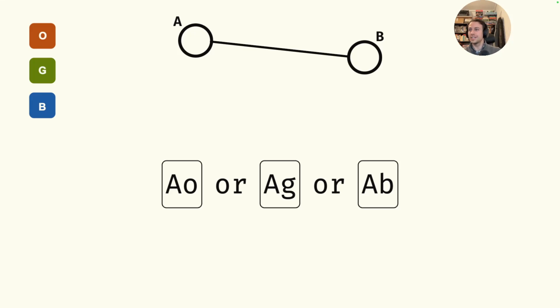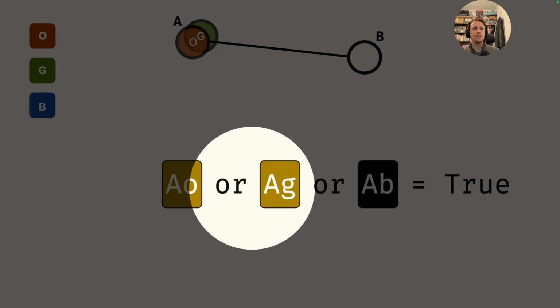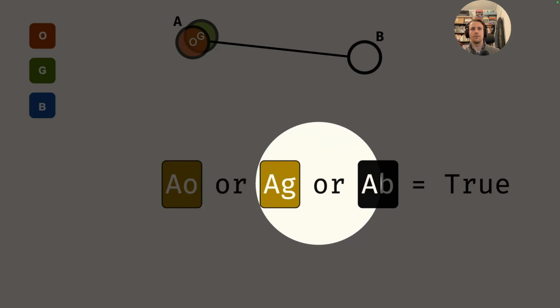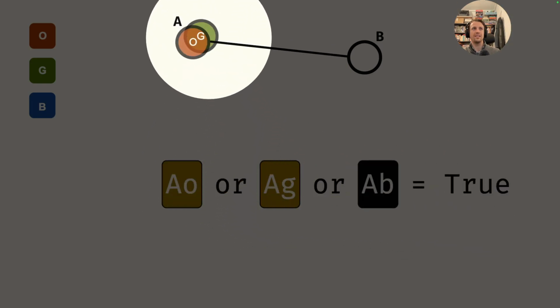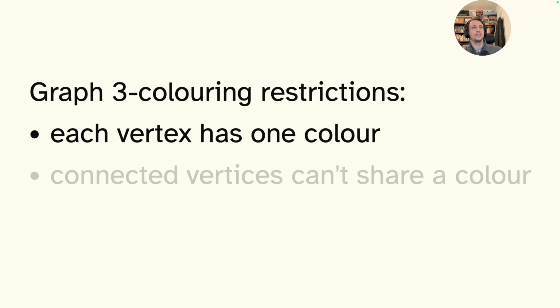Excellent. But there's a problem here, because if I set two different variables to true, the full expression is true, and I can't have a vertex with two colors or three. So in reality, when I think of my restrictions, I can't really say that each vertex has one color.